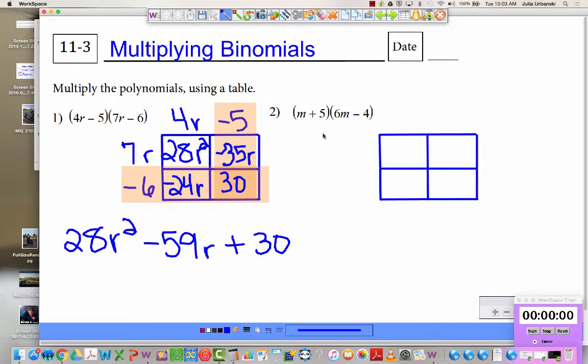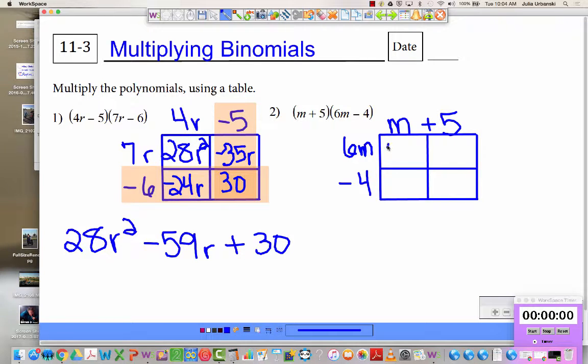All right, so number 2, make it m plus 5. And you can just say positive 5 if you want, or you can say plus 5. It's okay. M plus 5 across the top, and across the left-hand side, we have 6m and minus 4. So all you have to do is each row by each column. 6m times m.